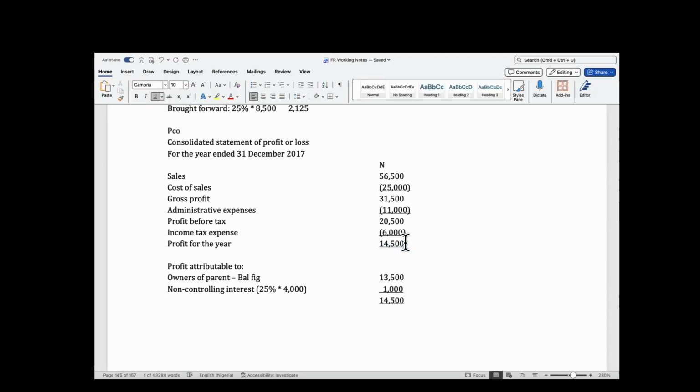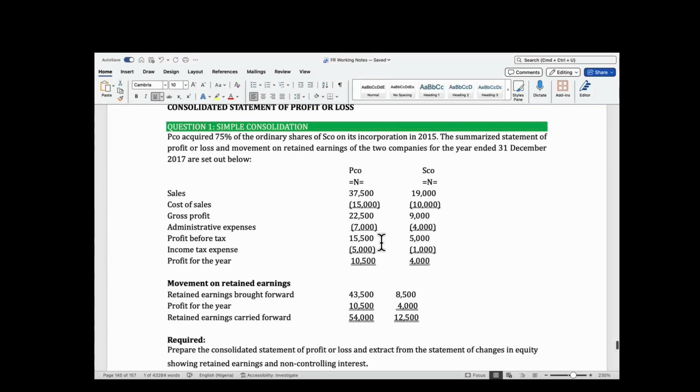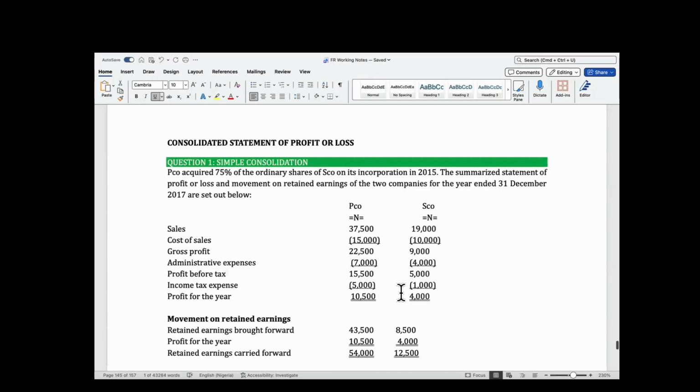So out of this 14.5, how much is the profit of the subsidiary? How much? You go back to your correction. You would find it there. 4,000. That's the profit of the subsidiary.